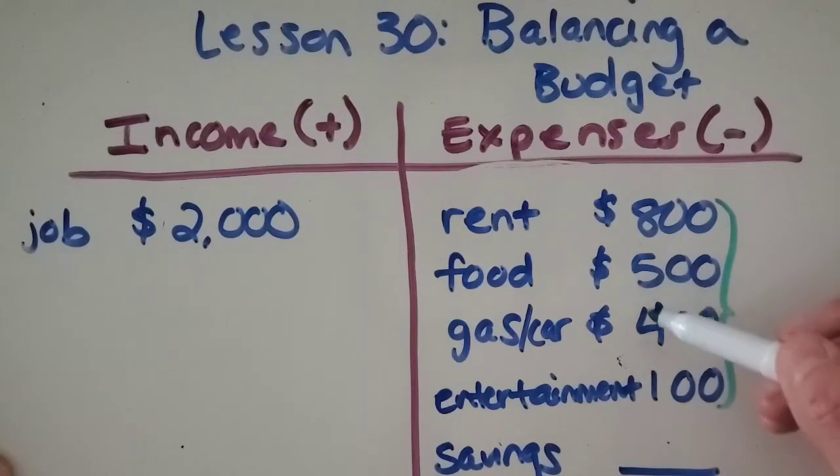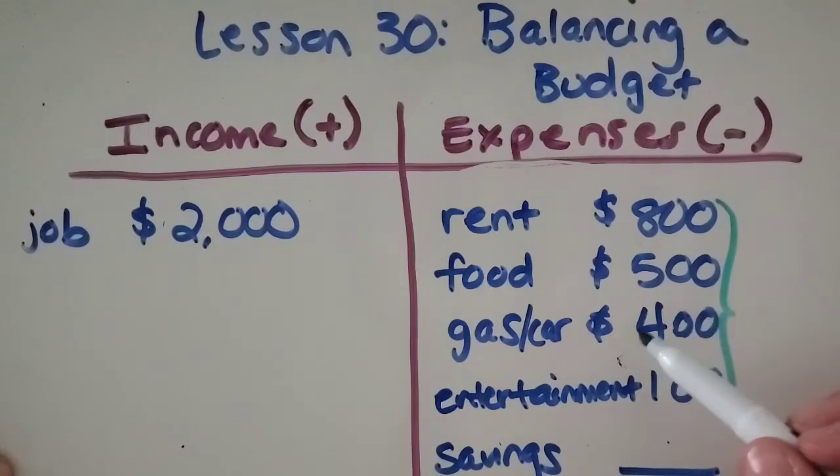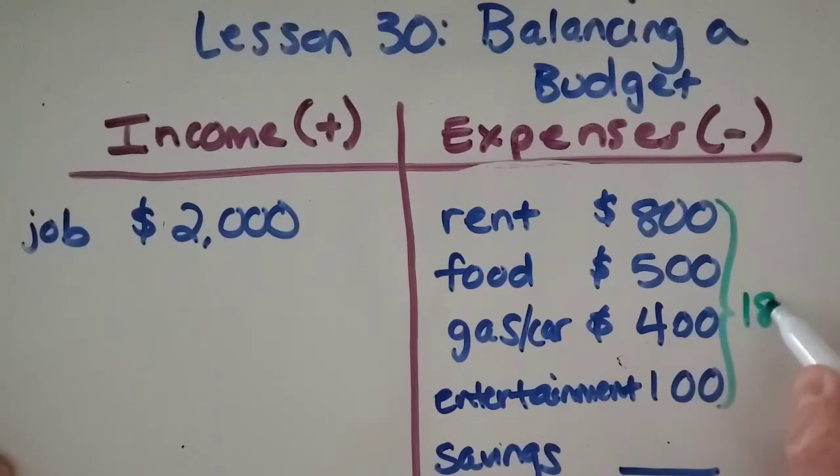Okay, 13 plus 4 is 17, so 1,700. And then 17 plus 1 is 18. So this is in total $1,800. Okay, so now let's see what you got. How much more money do we have in the budget to save?